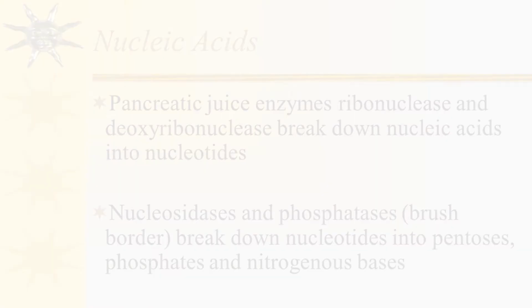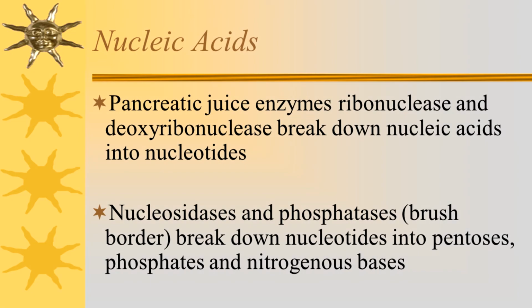And then nucleic acids. So nucleic acids are hydrolyzed by ribonuclease and deoxyribonuclease, which are pancreatic juice enzymes. And that will then break down nucleic acids into nucleotides. So then nucleotides are further hydrolyzed into their three component parts.